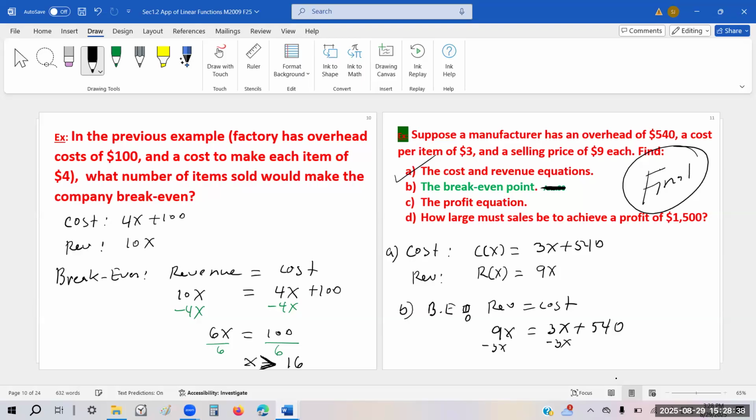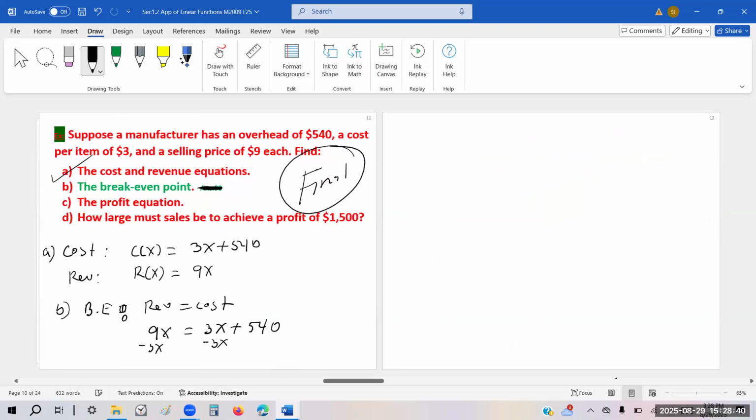Subtract 3X. 6X equals 540. Divide by 6. X equals 90. So for selling 90 items, your cost and revenue will be the same.